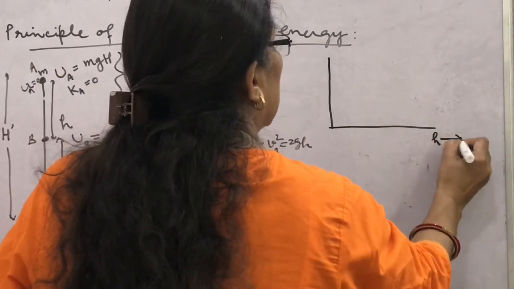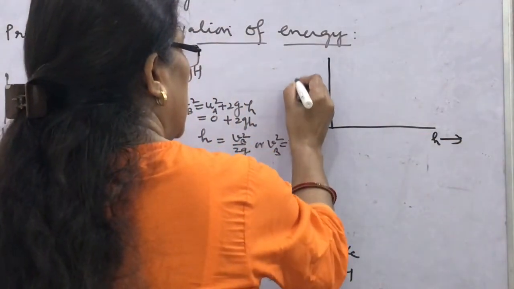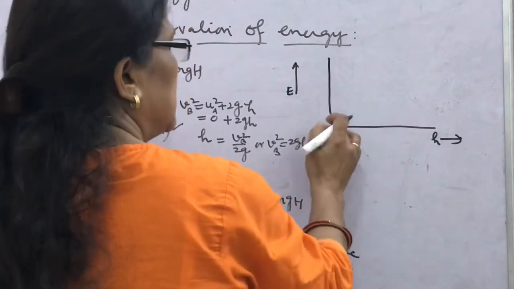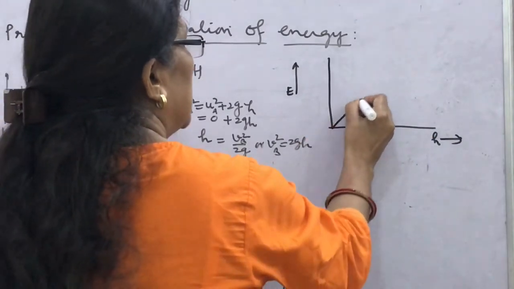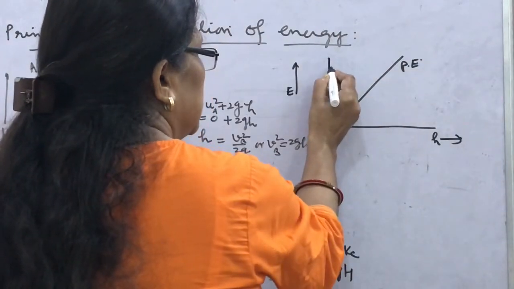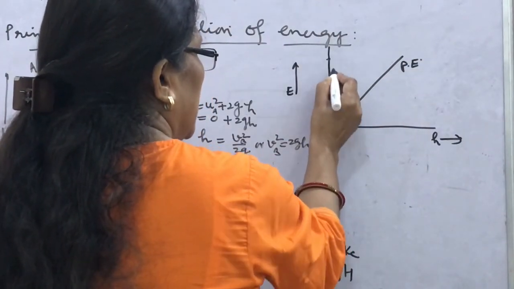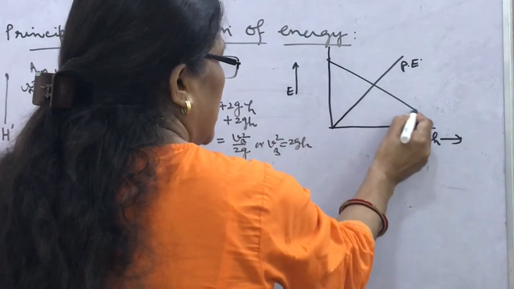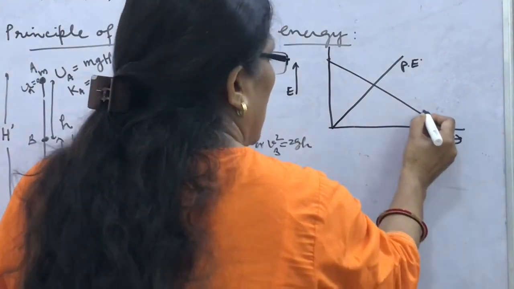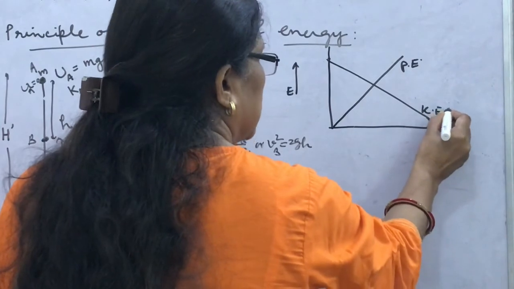This is the graph where the energy and height are taken on the y and x axis. Look, this is the graph for potential energy and this is the graph for kinetic energy. How can you explain this graph?